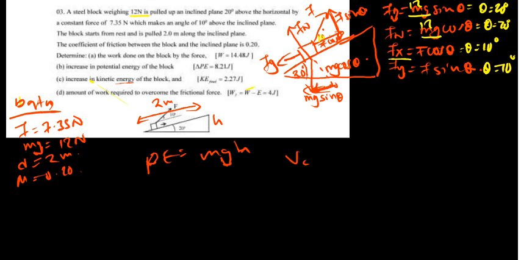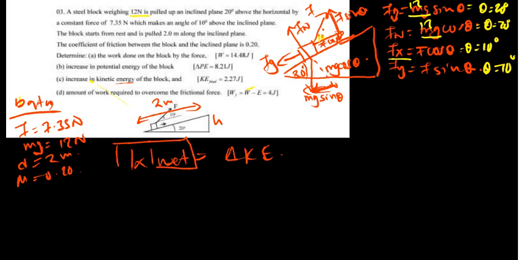Therefore, we do know that the net work is equal to the change in kinetic energy. Meaning, if we can find the work net, this work net is going to be the answer for increase in kinetic energy. Does it make sense?